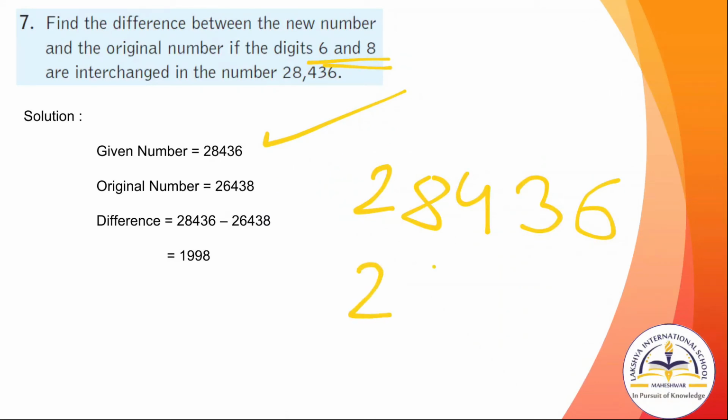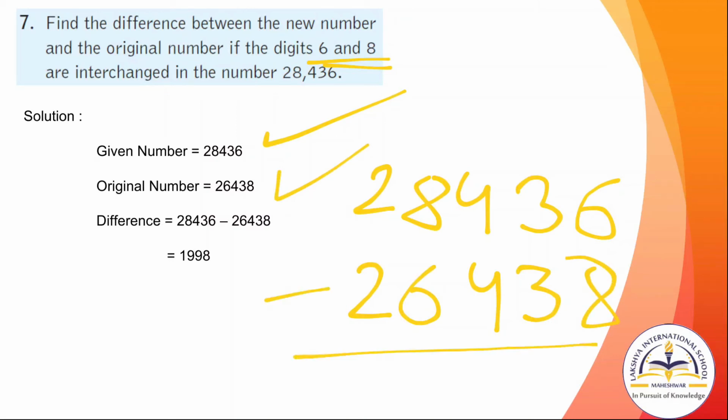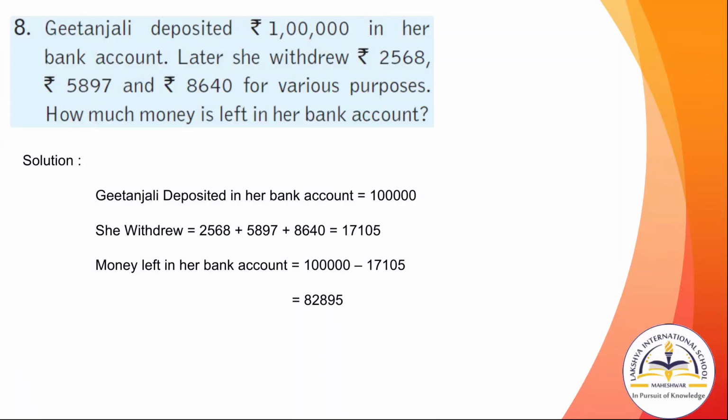So we get 26438. So these are the two numbers. Now we have to find the difference. So 28436 minus 26438. When you subtract this, you will get 1998 as the answer.